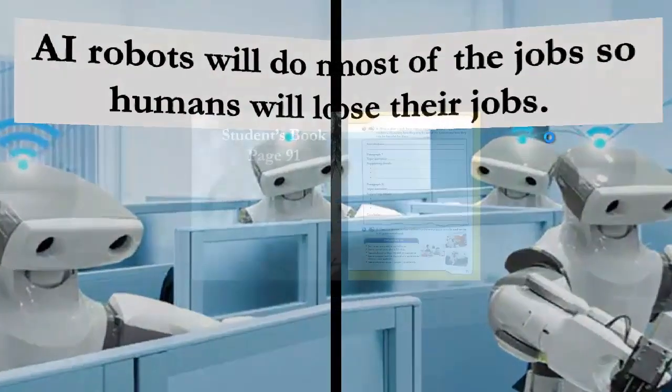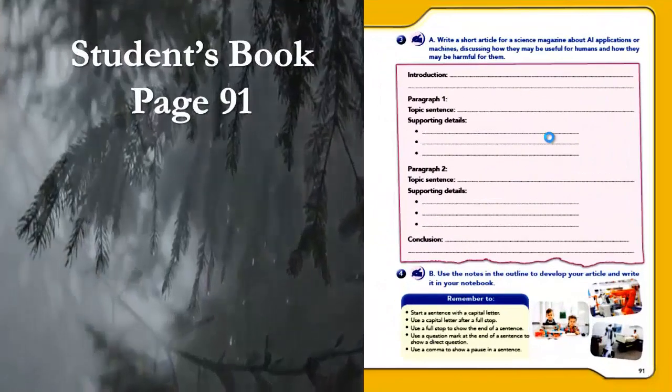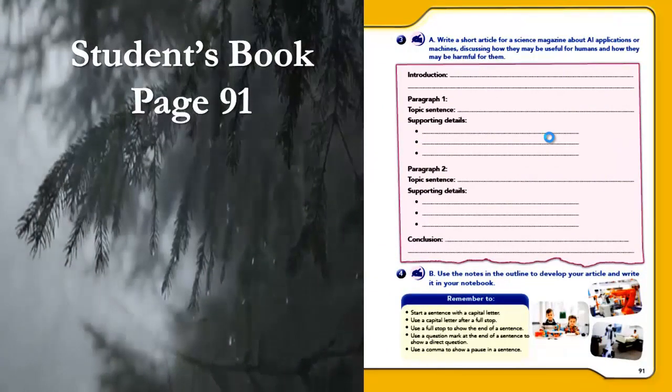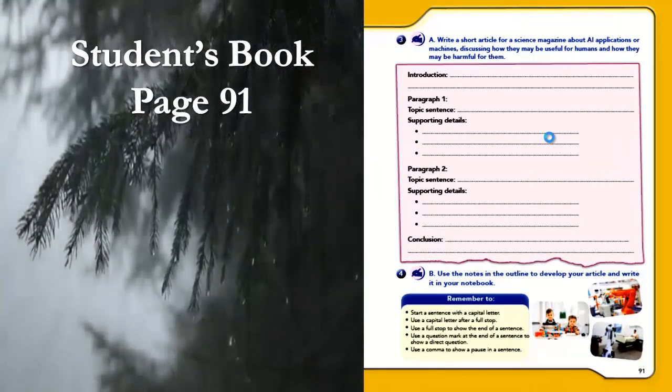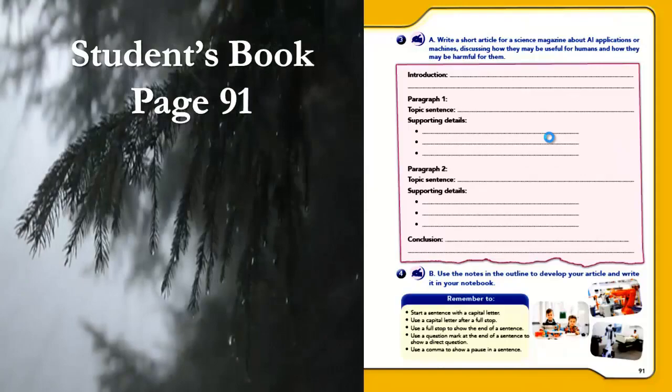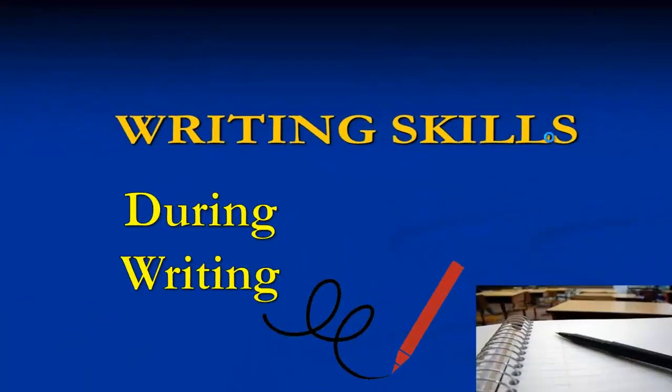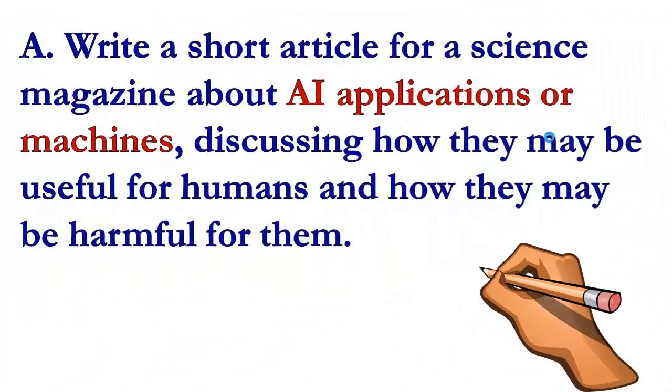Okay, now my dear students, after we covered page 90, let's go on to page 91 for the writing skill. Write a short article for a science magazine about AI applications or machines, discussing how they may be useful for humans and how they may be harmful for them.